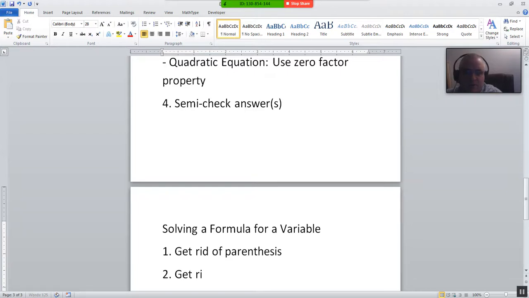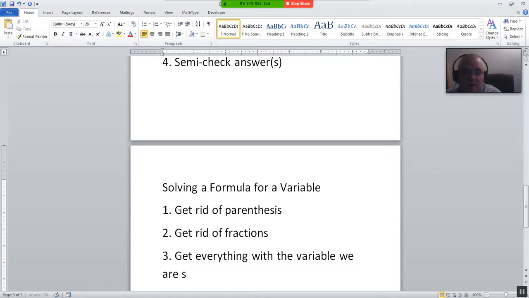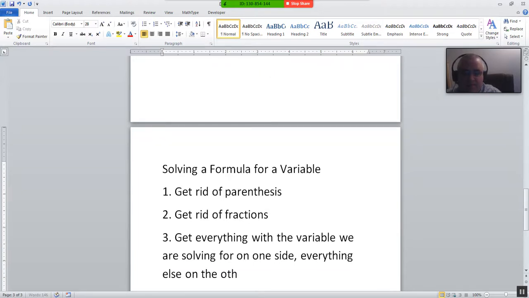Step 2, get rid of fractions. Step 3, get everything with the variable we are solving for on one side, everything else on the other side.